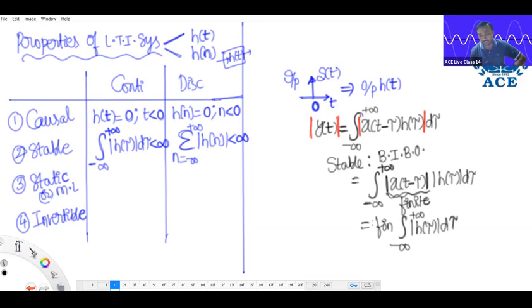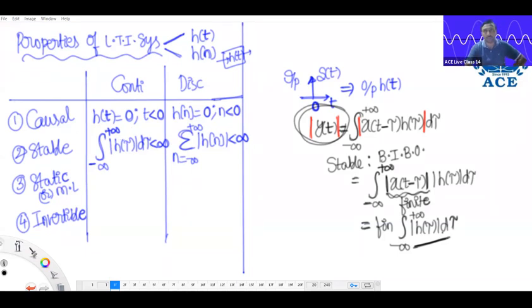What is our target here, sir? Mod y of t must be finite. For making a bounded output, compulsorily this integral must be finite. That is what this condition says. An LTI system is stable if the impulse response is absolutely integrable or absolutely summable.